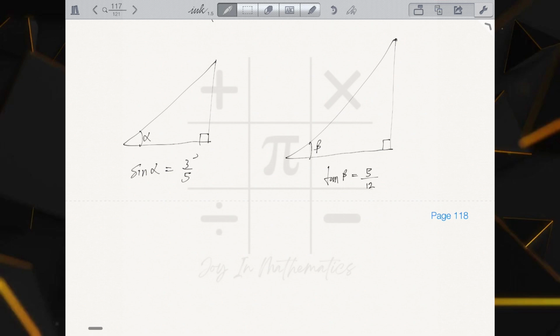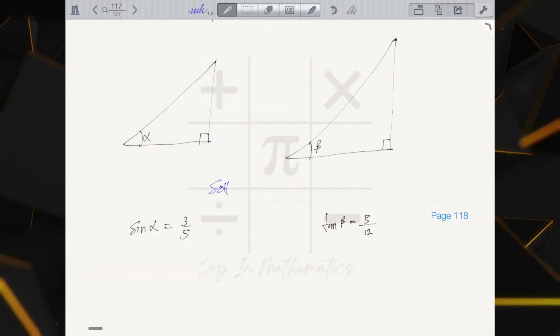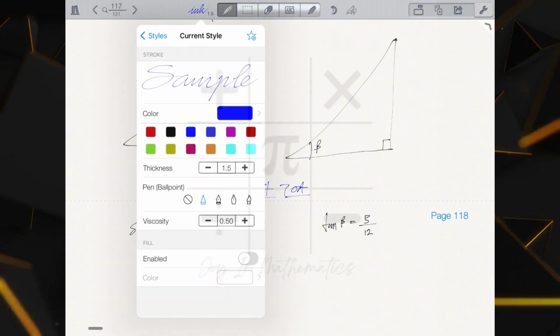So in this case, what is our opposite, what is our hypotenuse, as well as what is our adjacent? With that, we understand from SOHCAHTOA that sine is opposite over hypotenuse, cos is adjacent over hypotenuse, and tan is opposite over adjacent.